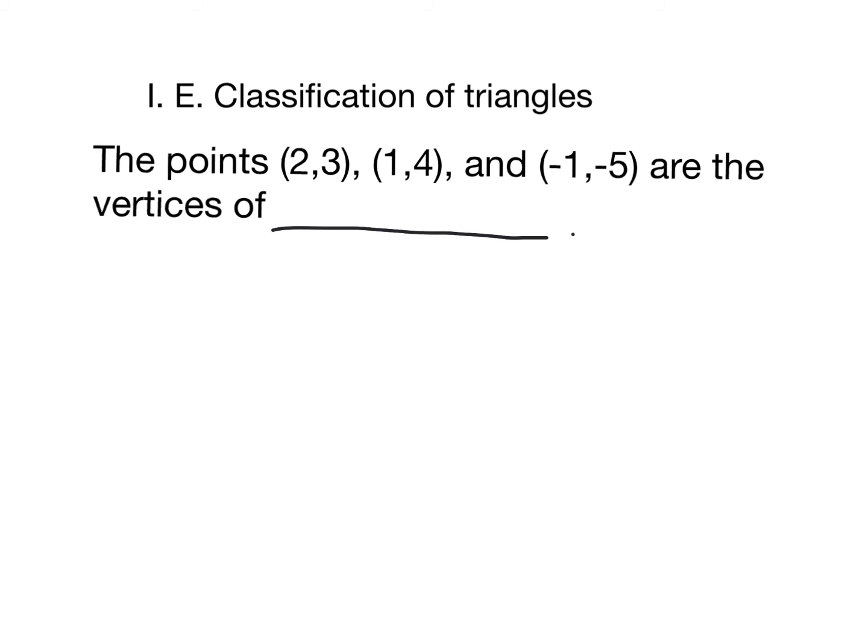Here are 3 points, and those are the vertices of blank. The options would be a right triangle, isosceles triangle, equilateral triangle, or scalene triangle. We can quickly graph these, would be one way of doing this.